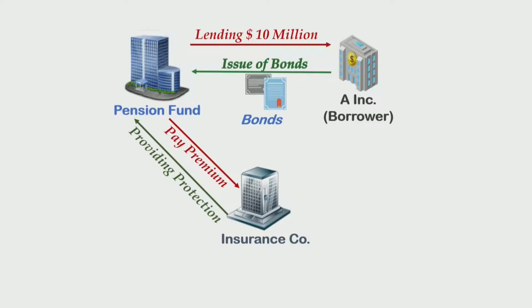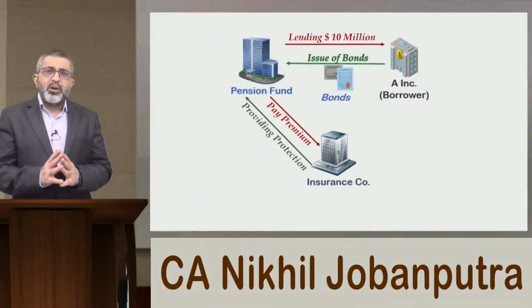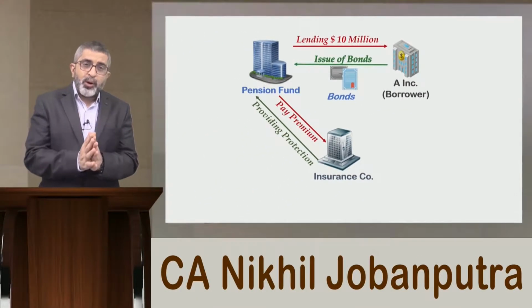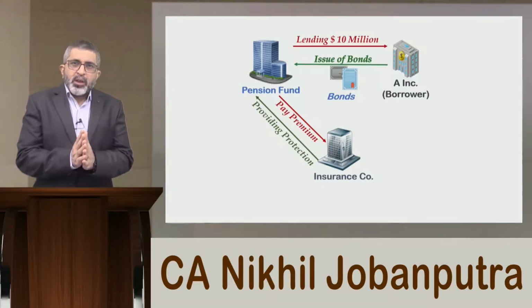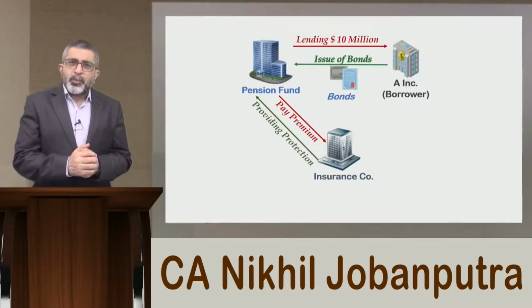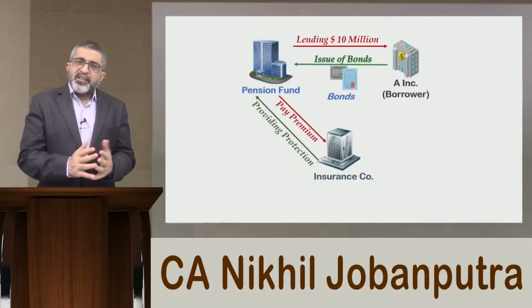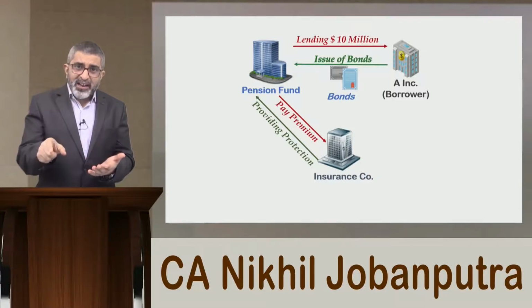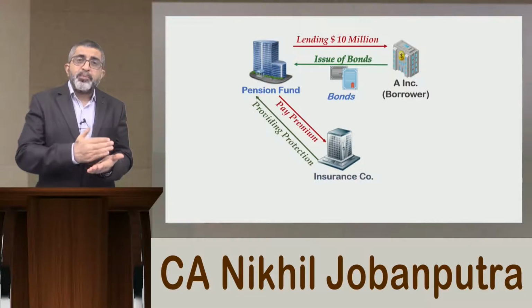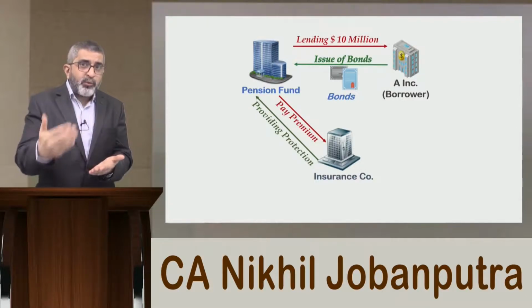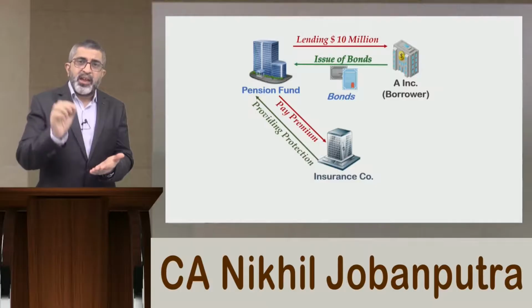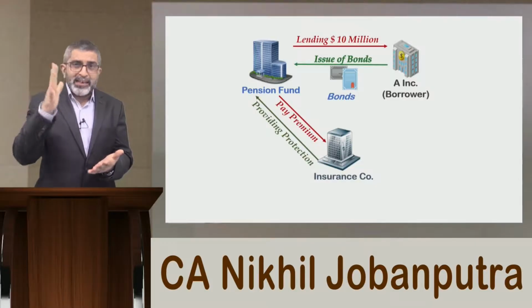Now before I take you any further, let me give you a clearer demonstration of this whole issue. A Incorporation has issued these bonds to the pension fund. Suppose the pension fund has a clear guideline given to it by its board that you are not supposed to make any bond investment where the rating of the bond is below AA category.